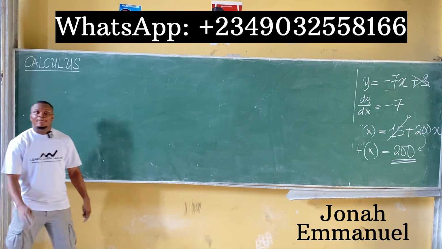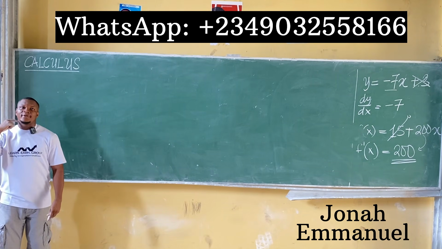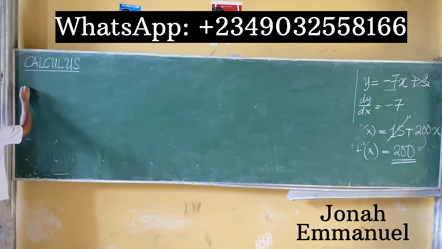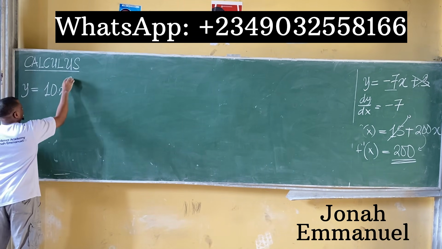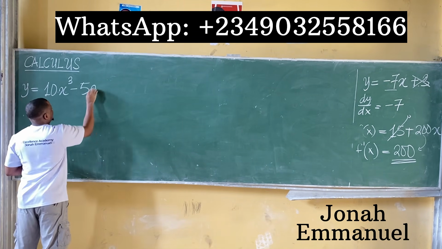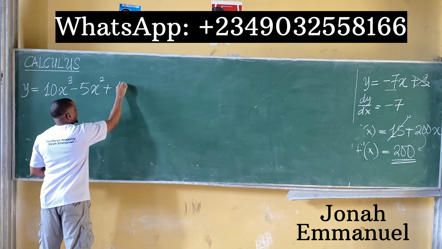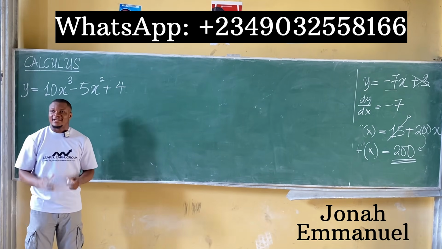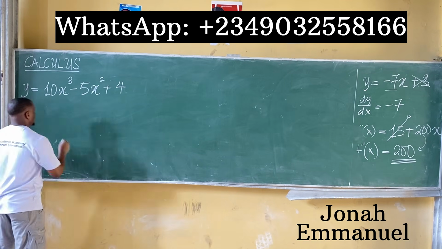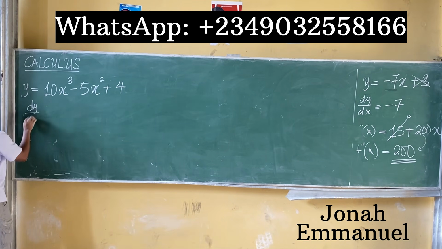All right, so look up, please. Question: if y is equal to 10x to the power 3 minus 5x squared plus 4, please don't write. Give me dy dx here.